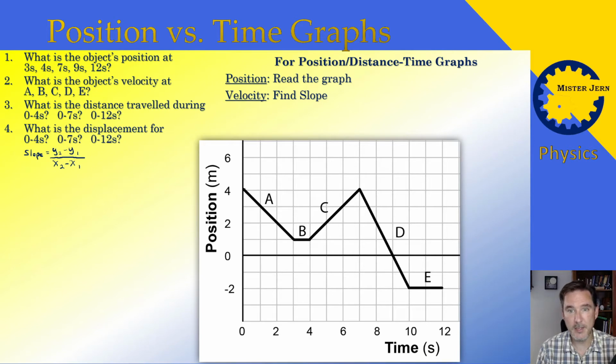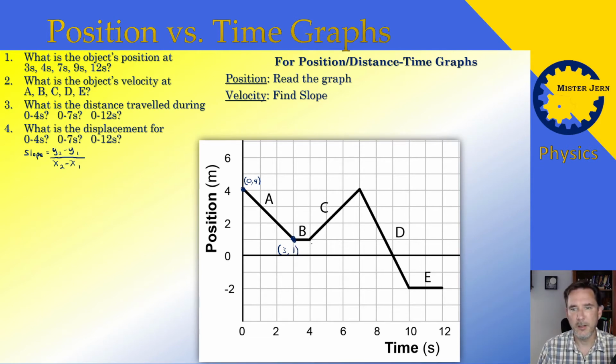So for segment A, it looks like our endpoint is right here at 0, 4. And the other endpoint is going to be right here at 3. In fact, let's write out the coordinates here. So this is 0, 4, just to be sure. And this one will be 3, 1.